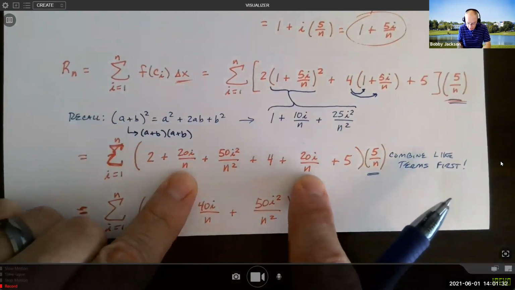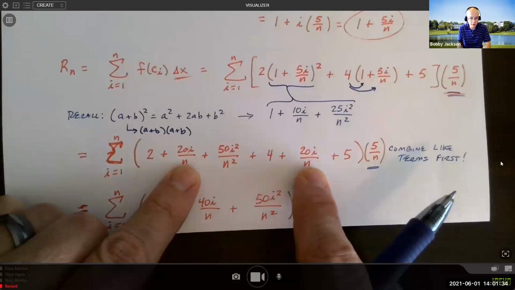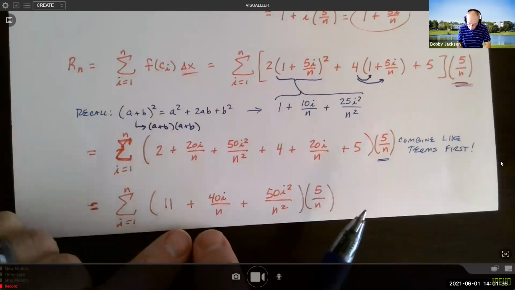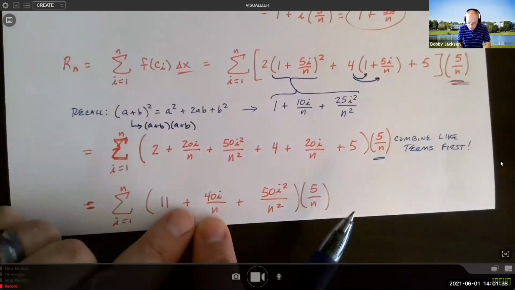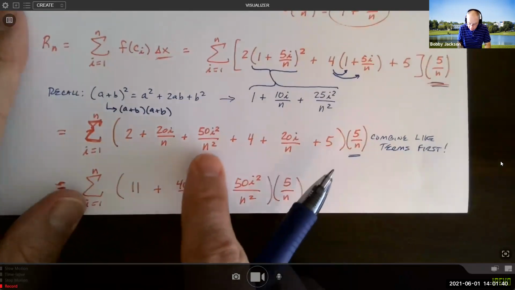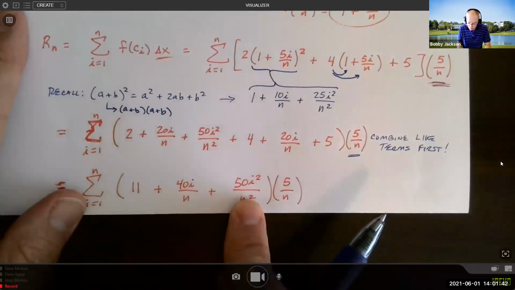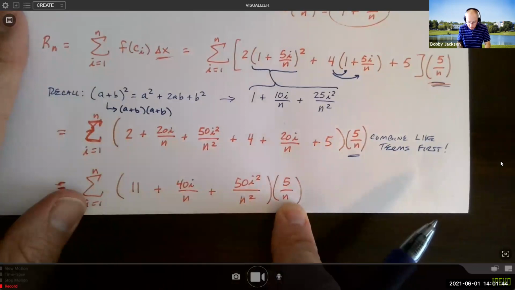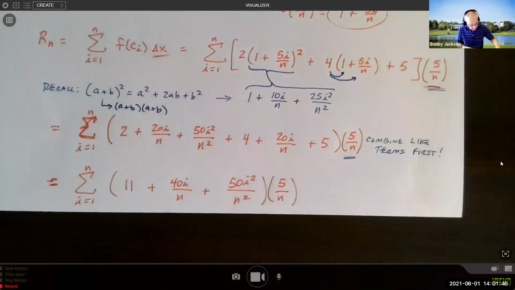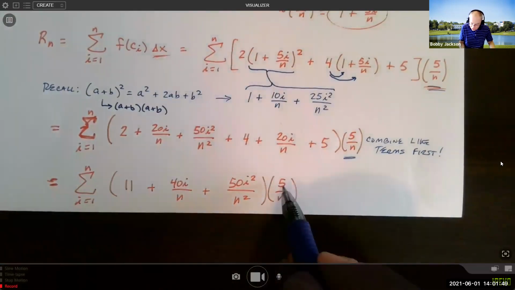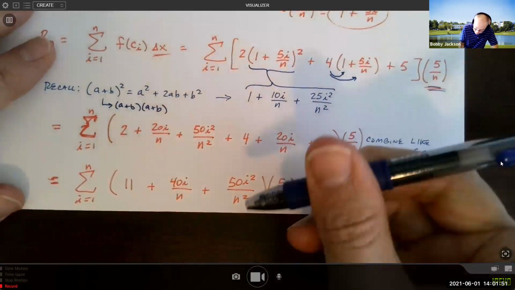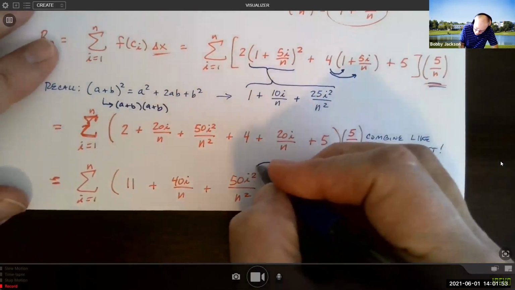Look at the common denominator. They both have a common denominator of n. So 20i plus 20i is 40i over n. And then you've got the 50i squared over n squared times the 5 over n. Okay, so now I'm going to go to the next page, distributing this through now. Go ahead and distribute that through.